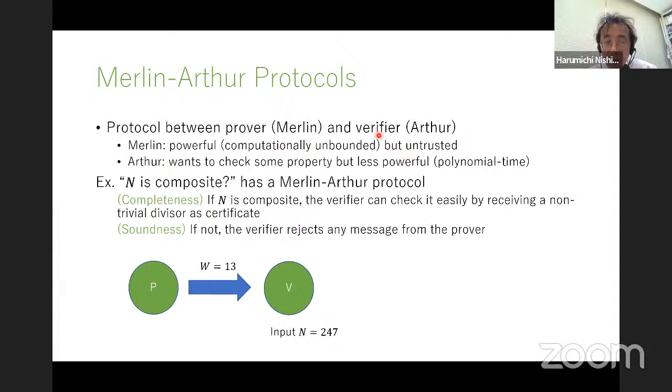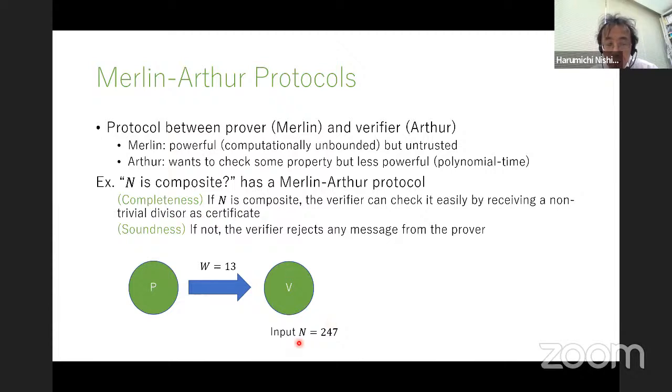On the other hand, the other one, the verifier, sometimes called Arthur, wants to check some property, but is less powerful, for example, polynomial time. For example, take the problem of whether a given large number N is composite or not. This has an NP-like Merlin-Arthur type protocol, because if N is composite, the verifier can check it easily by receiving a non-trivial divisor as a certificate.